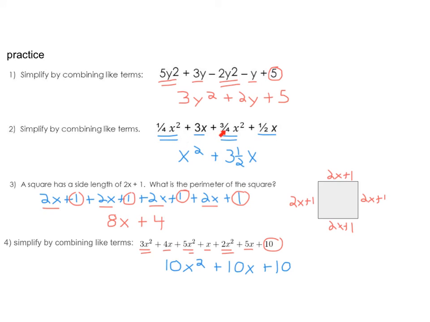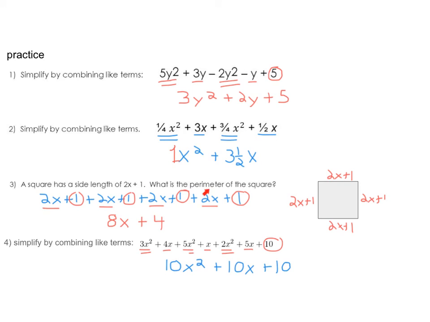That's going to give me a total of 4/4, which is the same as 1. And I don't normally write the 1 in front of it, but I could, right? That's the same as 1x squared. And then we have 3½. So 3 plus 1/2, I just did 3½. You could write that in proper as well, make it 7/2.